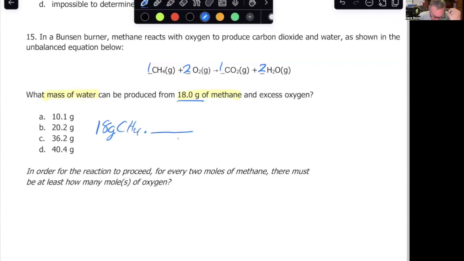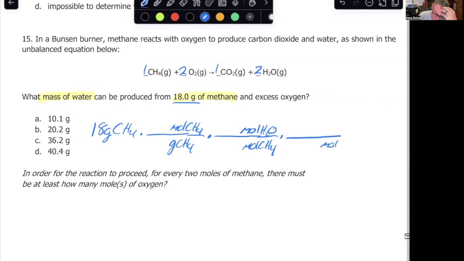Move down our unit, grams of CH4 to moles of CH4. Okay, and then mole to mole ratio, so moles of H2O. And I want mass, so mole of H2O to gram of H2O.